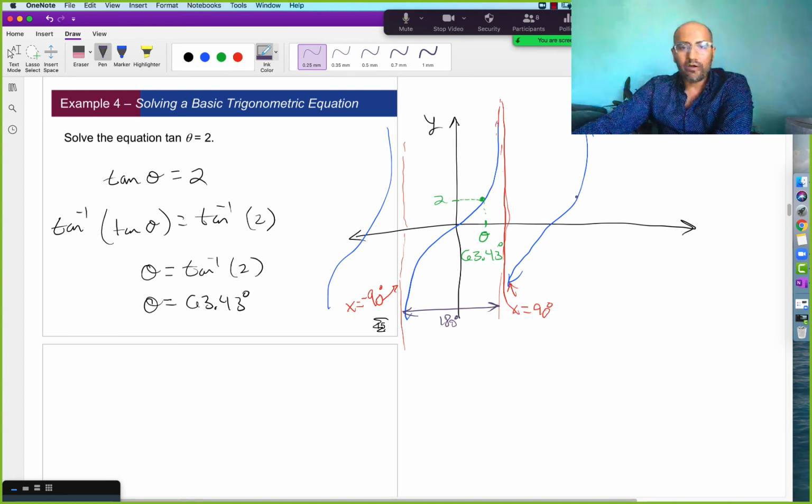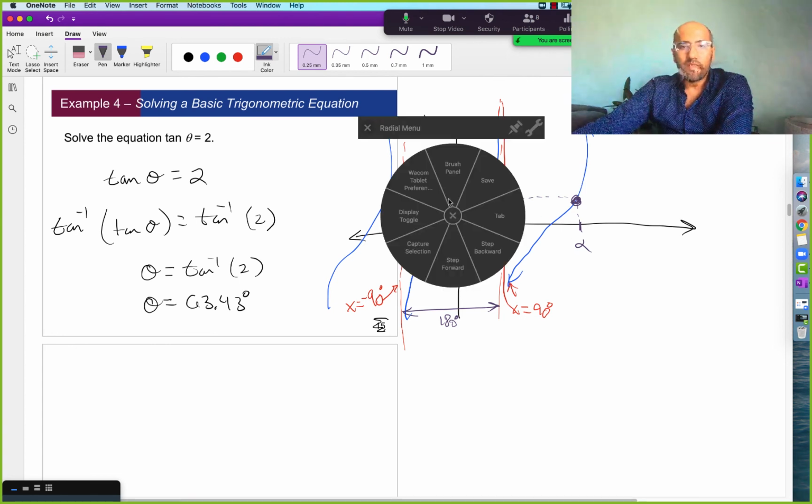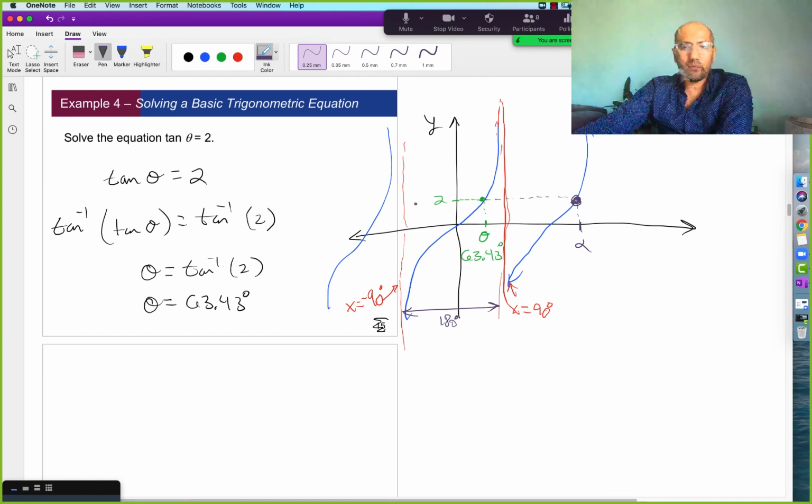Okay, so now there's got to be another value there, right? There's some other angle over here, angle alpha, such that tangent of alpha equals 2. And there's another value over here, phi, such that tangent of phi also equals 2. Good.